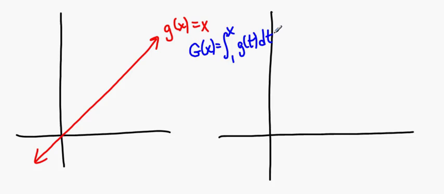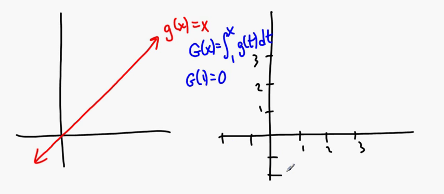Just for argument's sake. Well, in that case, if I were looking for capital G of 1, that would be pretty easy. I got to put a scale on here at some point. G of 1 is 0. That's not too bad.